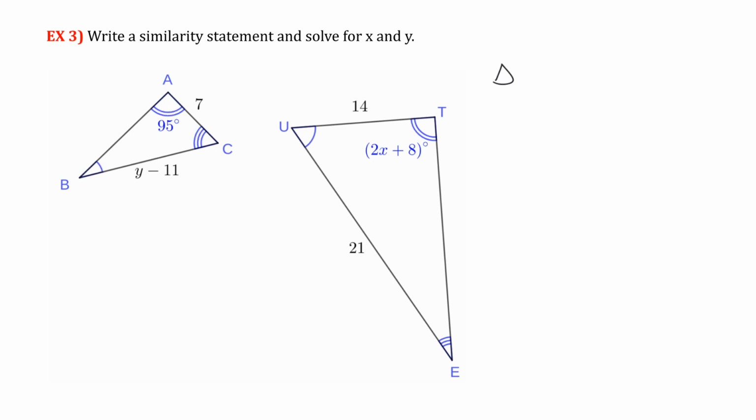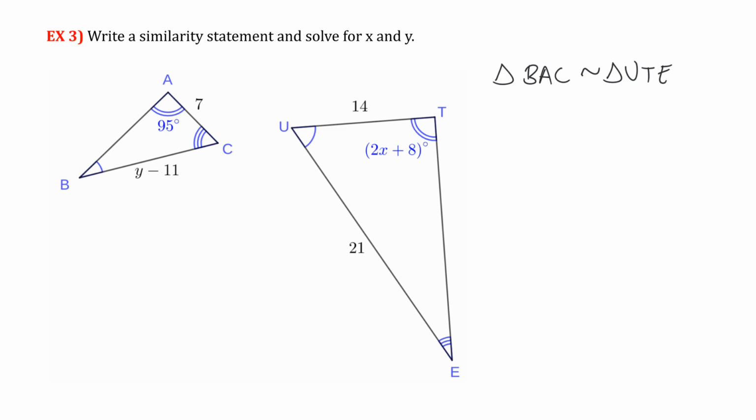So 1 mark is B, 2 marks is A, and 3 marks is C. So I have triangle BAC, and triangle BAC is similar to, again, making sure that the number of the arcs match. B had 1 arc, U also has 1 arc. So we need to start the second triangle with U. 2 arcs are both A and T. And then finishing this up, the last letter, of course, is E. So that right there is our similarity statement.